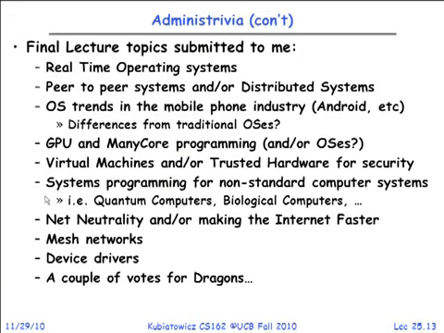The way I interpreted this was operating systems for quantum computers, which would be an interesting topic to try to put a few slides together for.